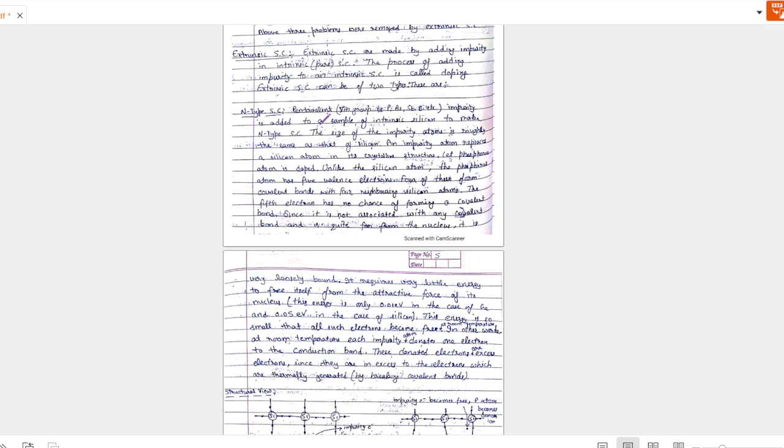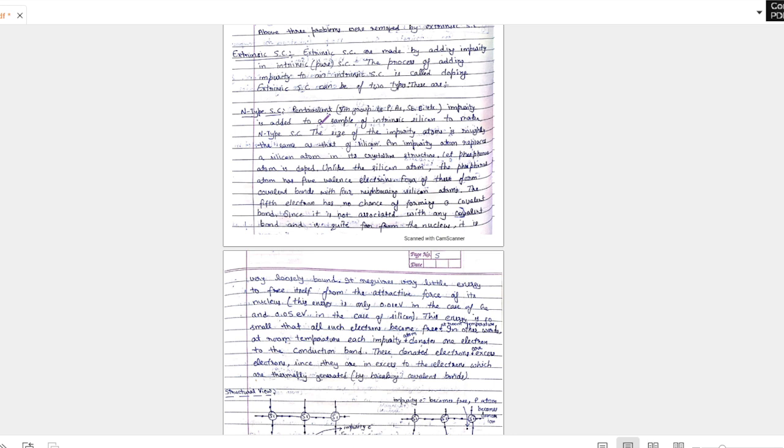If we add a group 5 element to the pure semiconductor, it becomes N-type. Why? Because the impurity atom has 5 electrons in its outermost shell, but silicon has 4. The whole structure is silicon, and we add just one atom of phosphorus or any group 5 element.